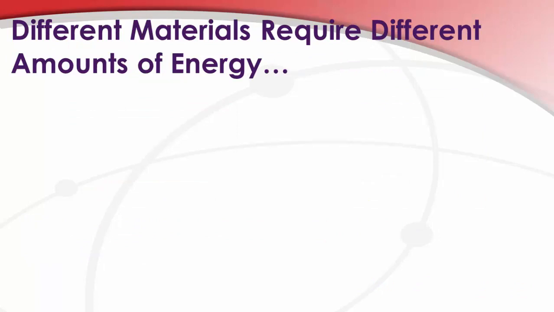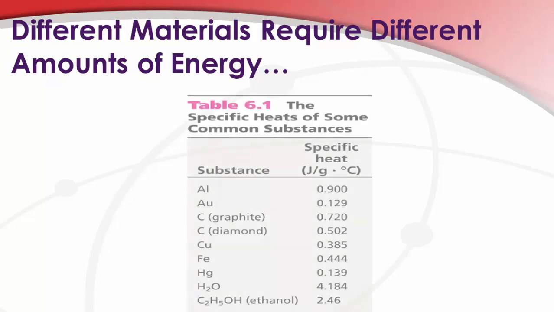In fact, if we were to go and design the experiments, for example, putting two different materials in sunlight and letting them absorb the same amount of sunlight and see how much they heat up, we would find that in fact different materials require different amounts of energy. So, aluminum requires 0.9 joules per gram per degree Celsius.